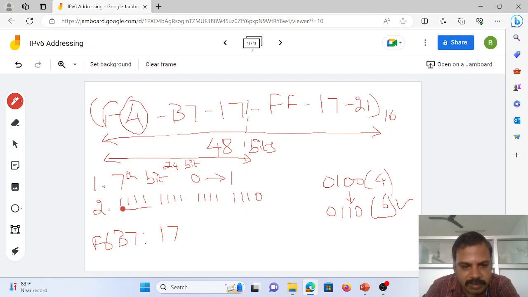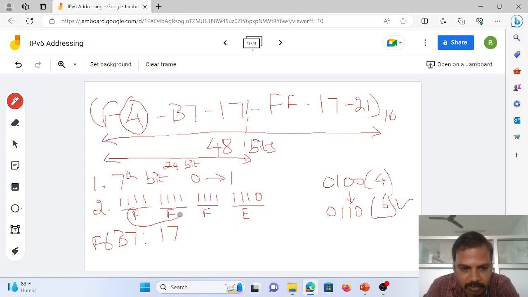If you are representing this 1111 in hexadecimal, it is equivalent to F. The next 4 bits are equal to F. The next 4 bits are equal to F. And this is equal to E. You can please check, convert this binary number into the hexadecimal number. So it is equal to FFFE.